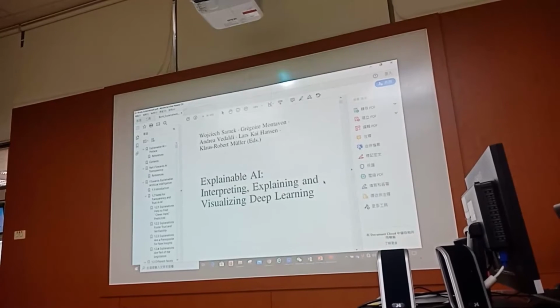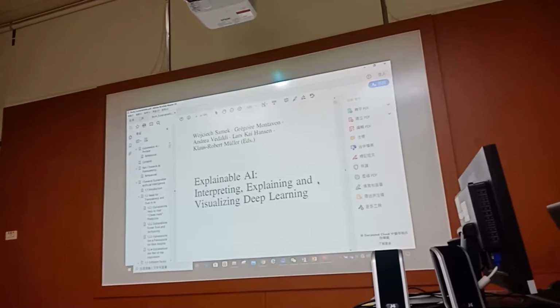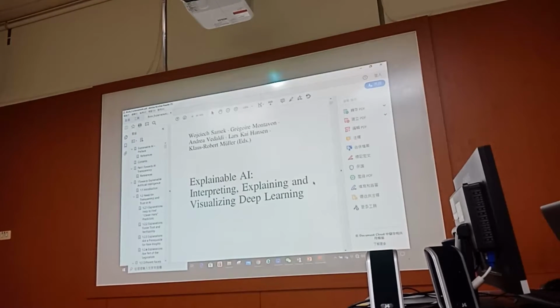Now for the neural network, the AI related topic, many professors, scholars, and researchers focus on this part, like the expert system in AI.